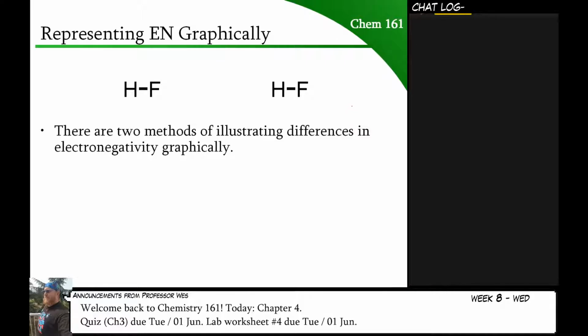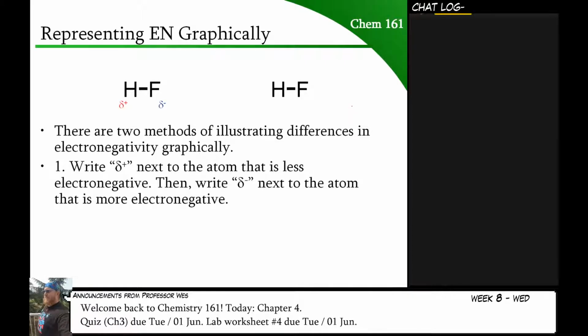All right. How do we display electronegativity on a structure? We have two ways to do that. The first way is to use these symbols here. If you've taken calculus and you've seen the Greek symbol delta in lowercase, you know that it means partial.